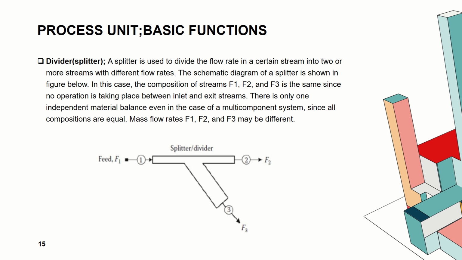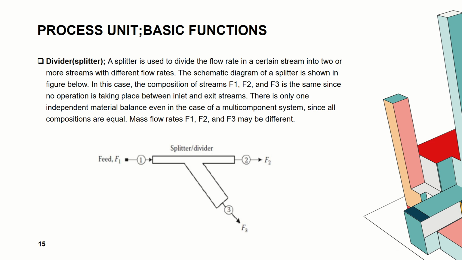The schematic diagram here shows what the divider looks like and how it functions. In this case, the composition of the streams, F1, F2 and F3, is the same, since there's no operation taking place between the inlet and the exit streams.